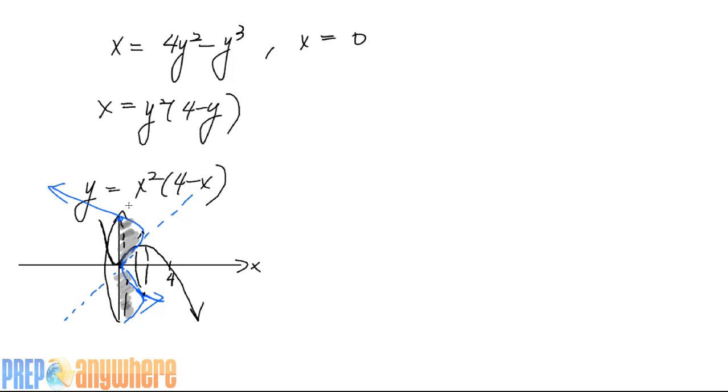So let me draw a typical cylinder like that. The radius is the y value, and the height is just the x value of the function. So the height is going to be this.